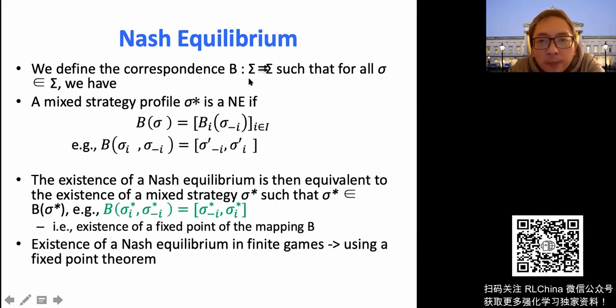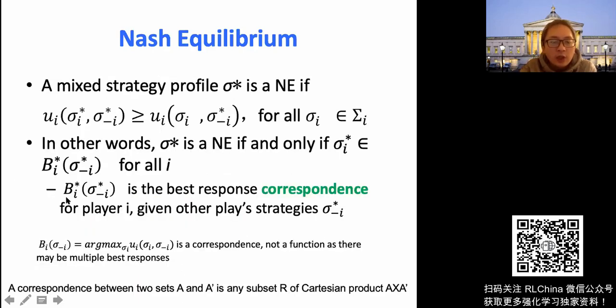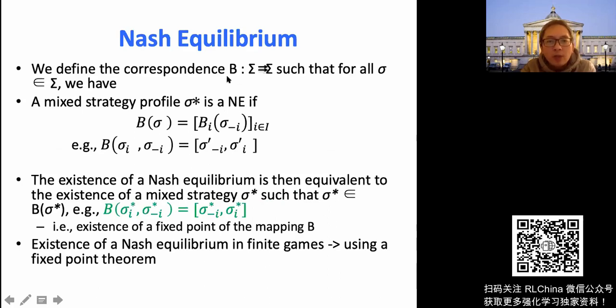The correspondence B, as we defined, is a set-to-set mapping. For all the sigma here, we can put them all together. I think we got this for the individual user, but we can put them together and define the correspondence jointly.